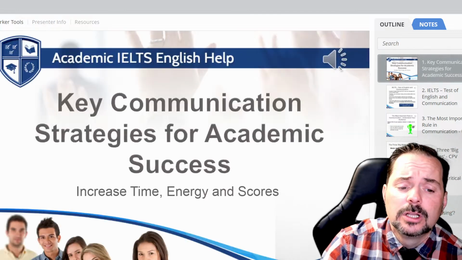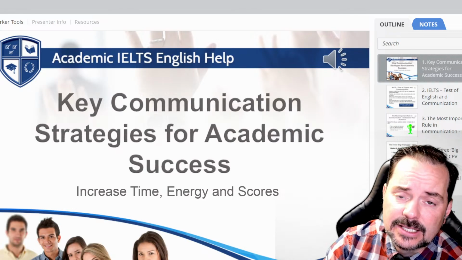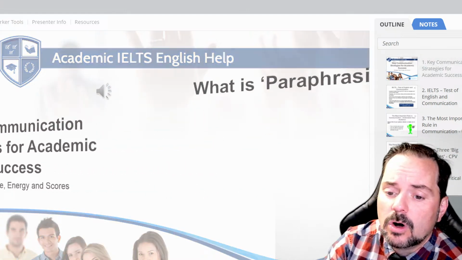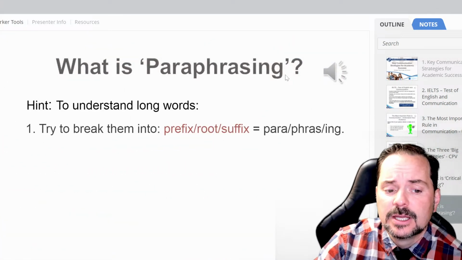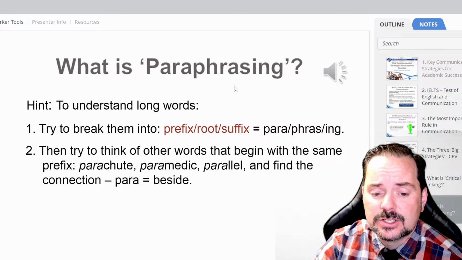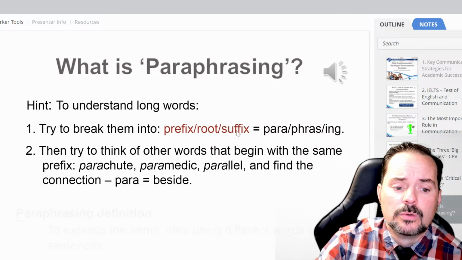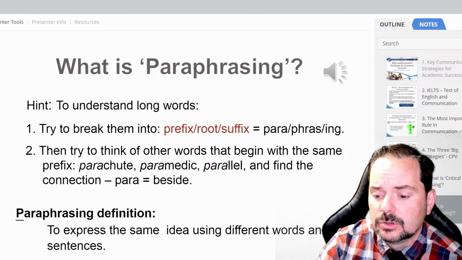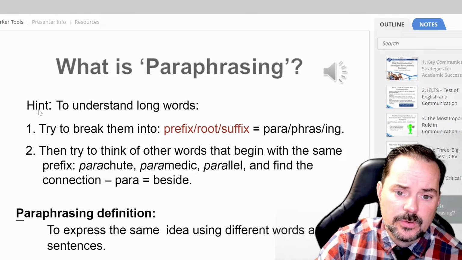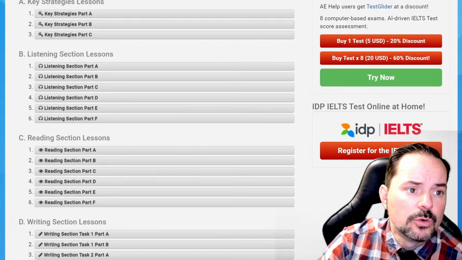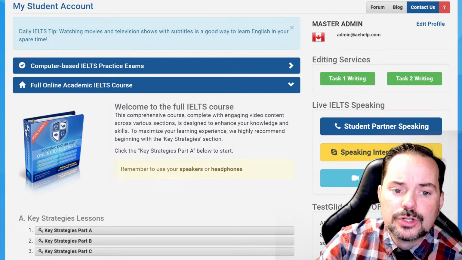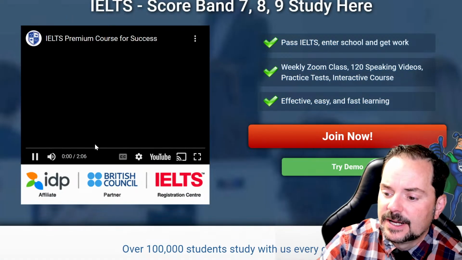Go through it, learn it, practice it, because you need to know paraphrasing for all sections of the IELTS exam. In the reading, it's the way that they test your understanding. So you need to understand it and you need to be able to use it. So for now, we're just paraphrasing.